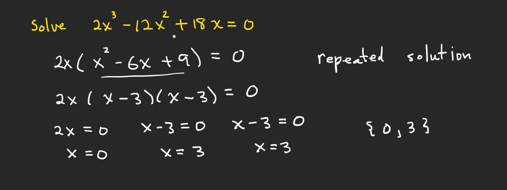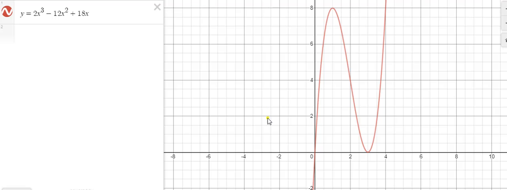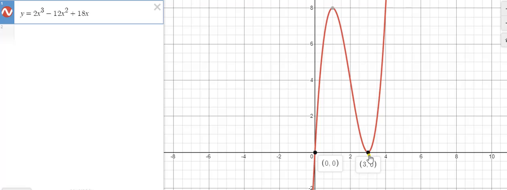Now what we're going to do is graph this polynomial and see what happens. When is this polynomial actually equal to 0? So we have a graph of a polynomial, and it equals 0 when x equals 0 and when x equals 3.